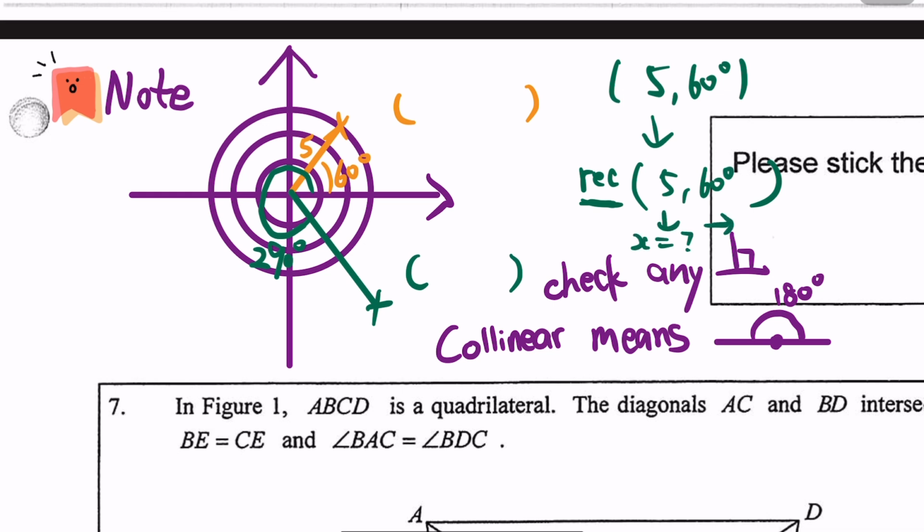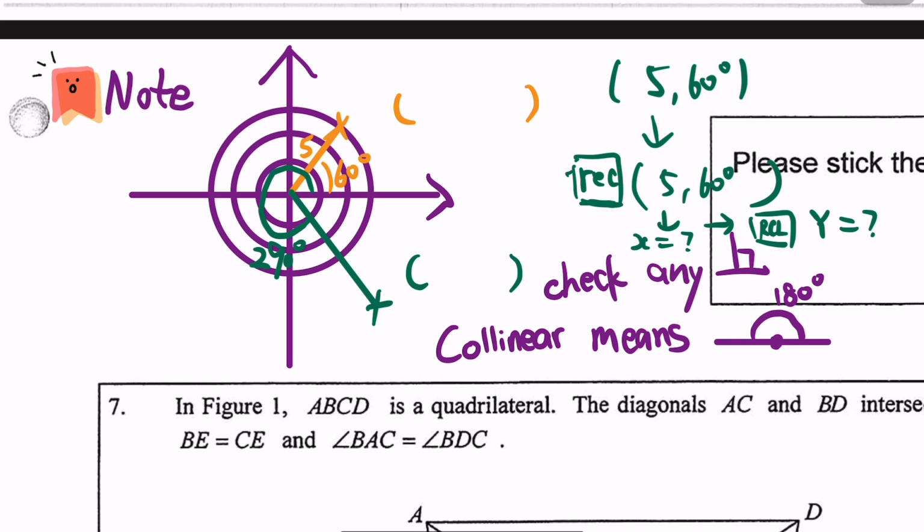How do you find the y? You need to press the button RCL, and then y. You have a y symbol in your calculator, so you need to RCL and then y. You get another number, which is the y coordinate, okay? So if you want to change to rectangular, you need to press Rec and then input the polar one. If you want to change to polar, you need to input the rectangular one, okay?